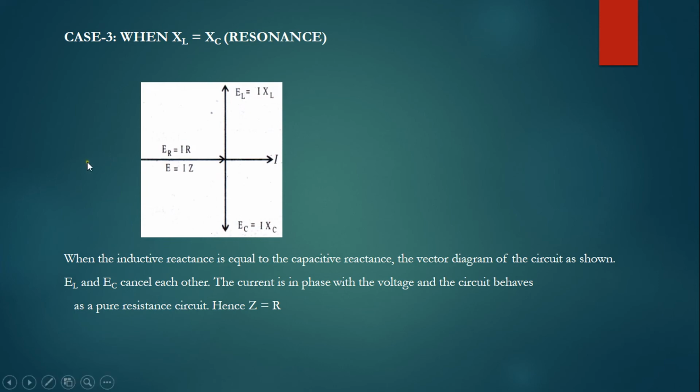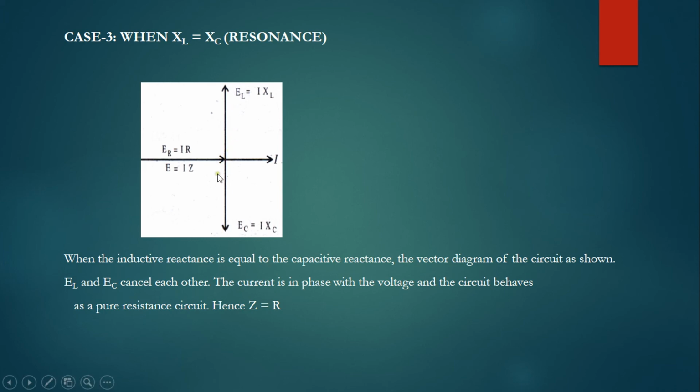When phi is equal to 0, what happens? Z is equal to R, because Z is equal to the square root of R square plus (XL minus XC) whole square. XL is equal to XC, then that term vanishes, only Z is equal to R will remain. So when XL is equal to XC, one will try to pull the resultant voltage upside, the other will try to pull the resultant voltage downside.